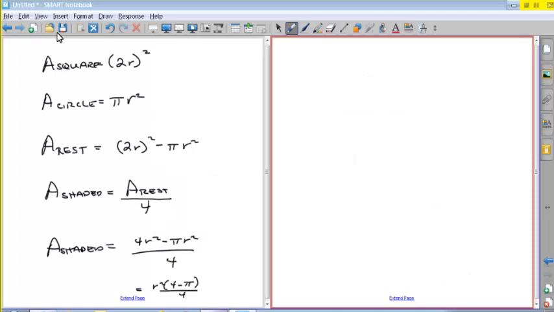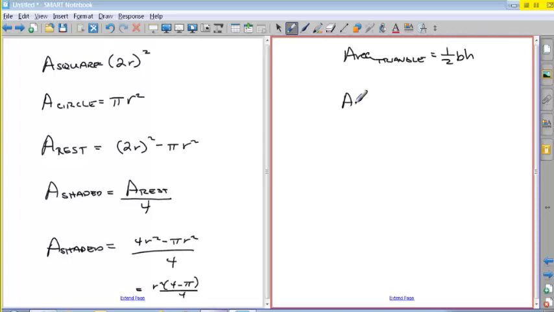It's definitely not going to be that problem, but it's going to involve something like that, simple shapes. So you'll need to know what the area of a triangle is, and that's equal to 1/2 the base times the height.